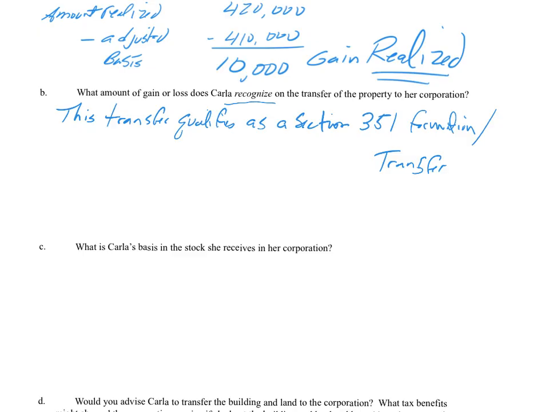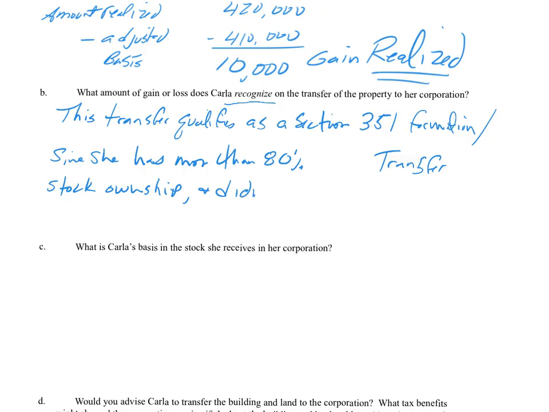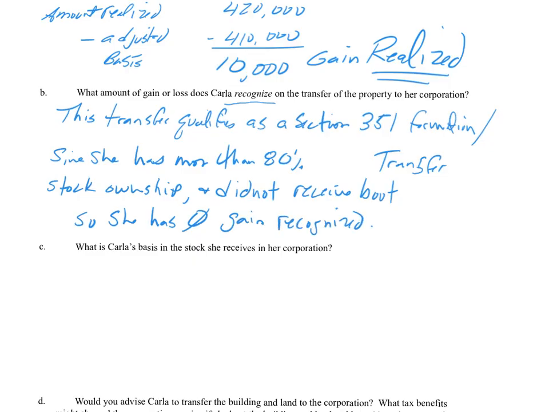Okay, so what does that mean? That means she did not receive boot. She has more than 80% stock ownership and did not receive boot. So she has 0 gain recognized.